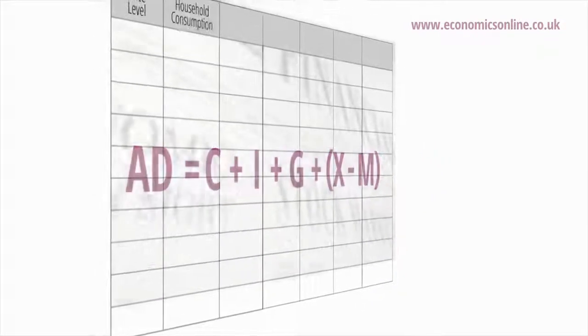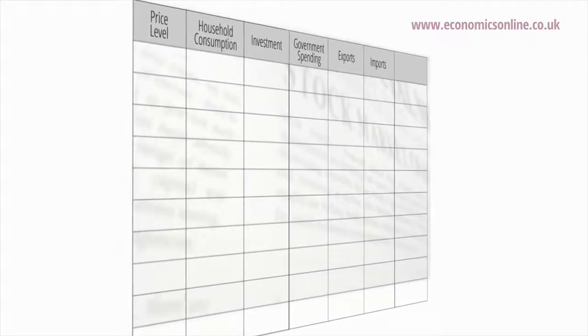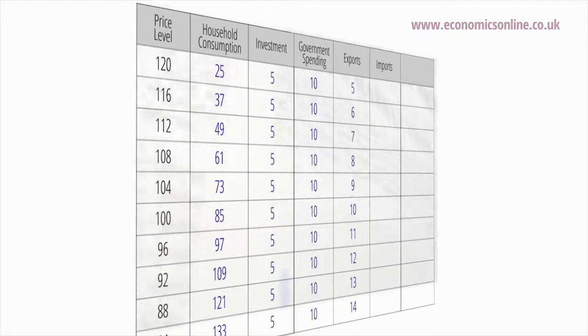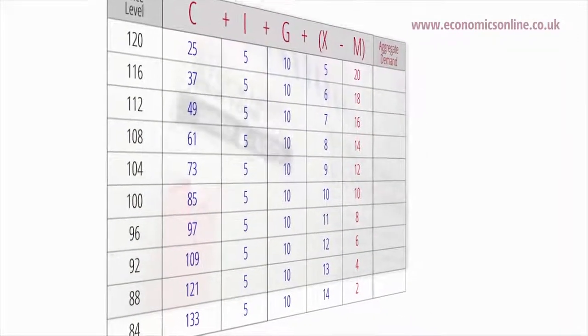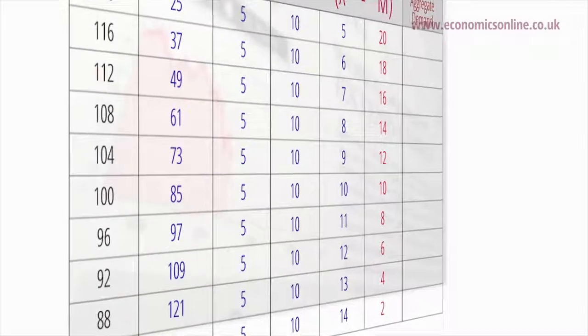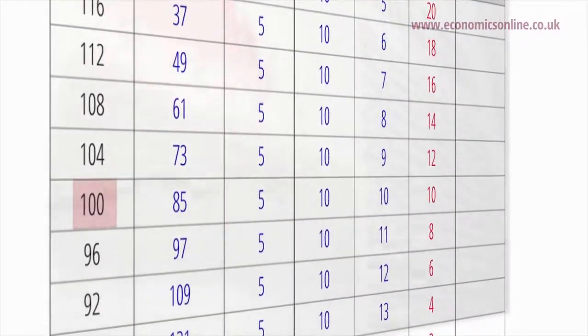In this simple example, we can see how the components of AD will respond to different hypothetical price levels. The model starts by assuming the quantity of money is constant and nominal wages are fixed. All other variables other than the price level are also assumed to be constant. So, at a price level index of 100 in our example, consumer spending is 85 billion, investment is 5 billion, government spending is 10 billion, and trade is in balance, with both exports and imports at 10 billion.